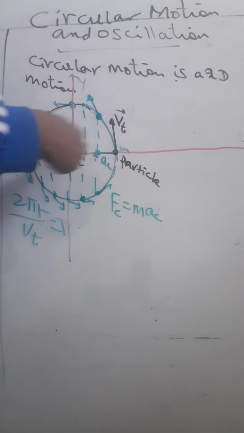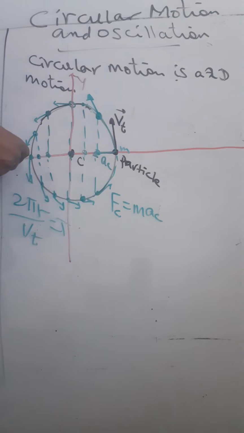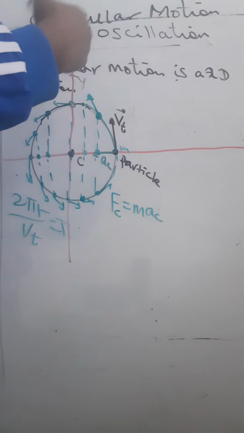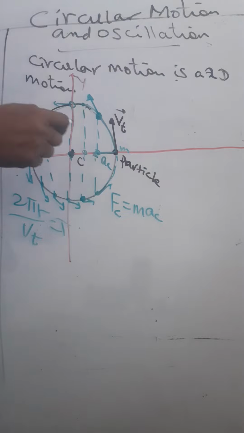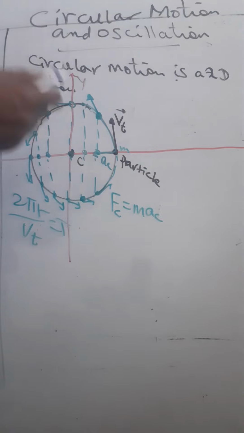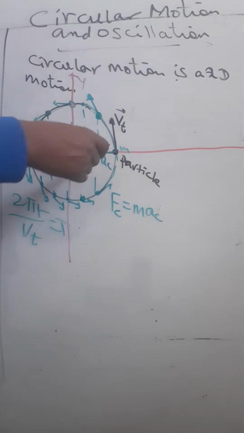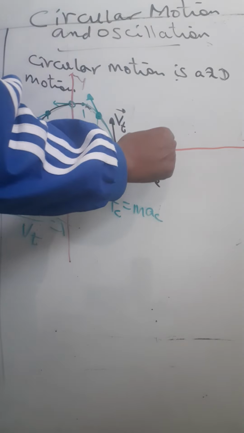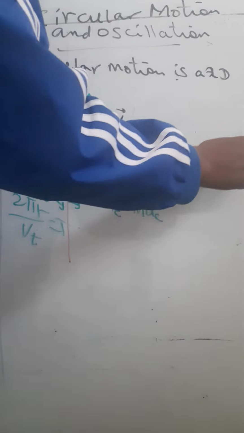It goes to the center, to the other point where the x-axis crosses the circle, comes to the center and goes back. That means one complete oscillation. Basically, you will see such oscillations.